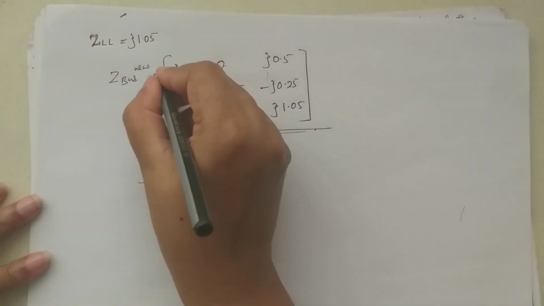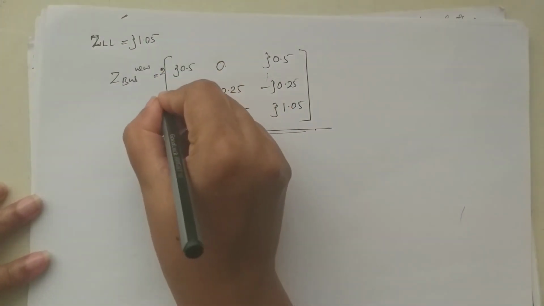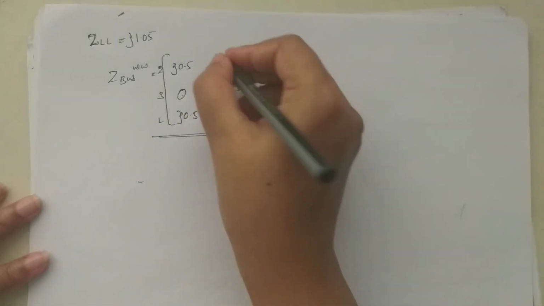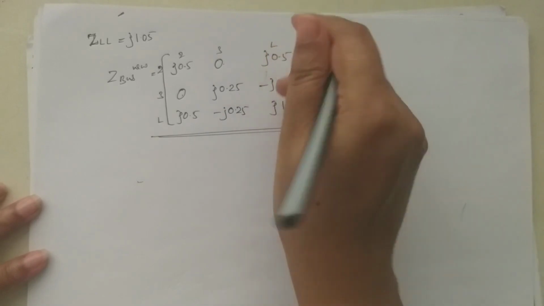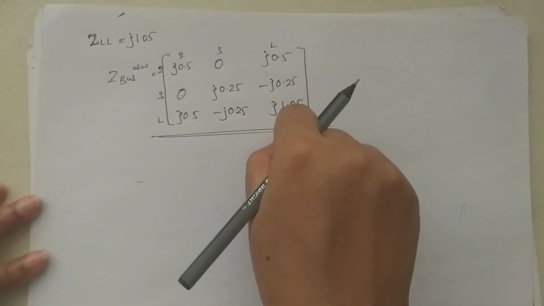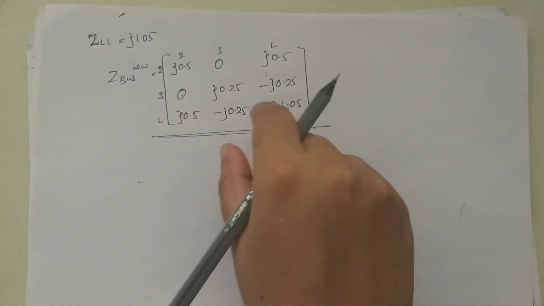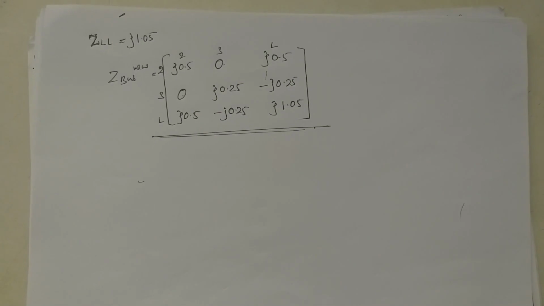But here this is the second row, third row, Lth row, second column, third column, Lth column. We have to remove the Lth row as well as the Lth column. We will see how to remove them.